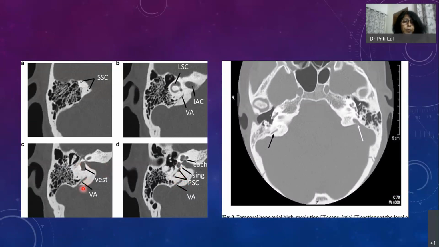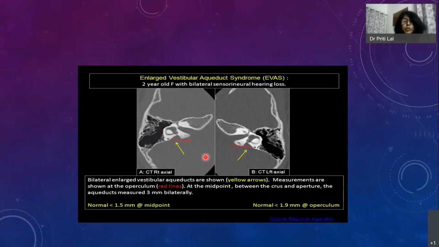I hope you can appreciate the vestibular aqueduct here. However, here the vestibular aqueduct is enlarged. In this CT image 2, we see a widened vestibular aqueduct.